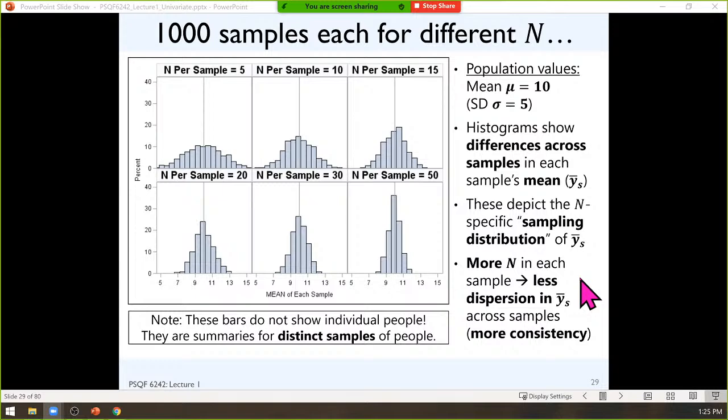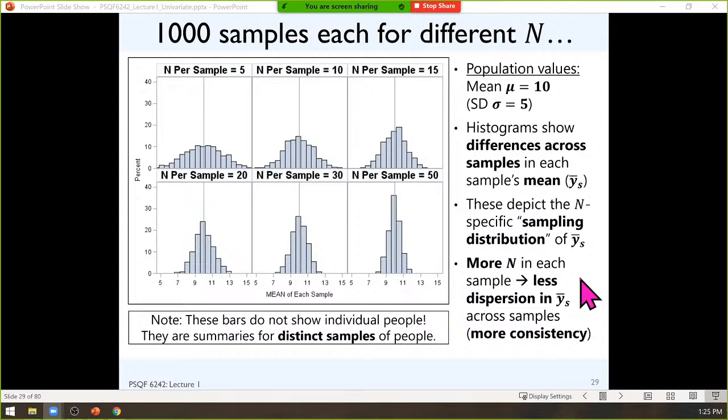The question is, how discrepant would those samples be across from one another? In those means, in those standard deviations, how much wiggle would there be across samples? The standard error is the expected difference between a sample's version of a statistic and the population version.